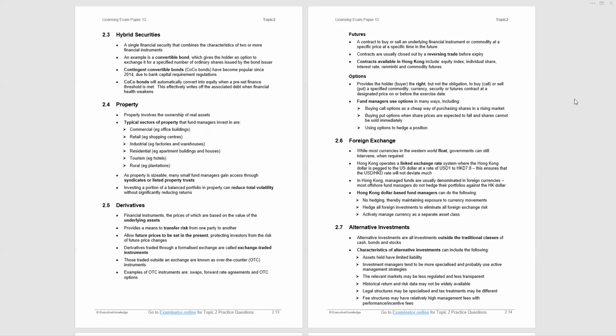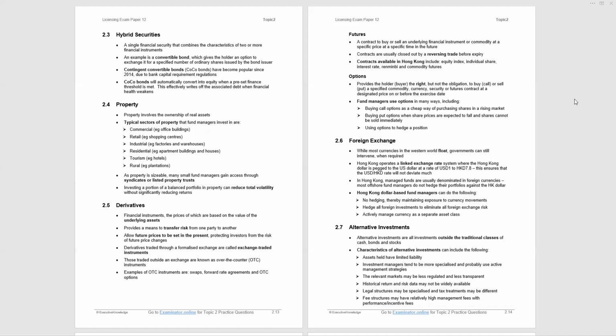Now, at the top of page 2.14, we're given a little bit more detail on the two main exchange traded derivative types: futures. Now, a future is a contract where you're agreeing to buy or sell an underlying financial instrument, or indeed a commodity, at a specific price. And with futures, it's rare to actually go ahead with the buying or the selling of the underlying asset.